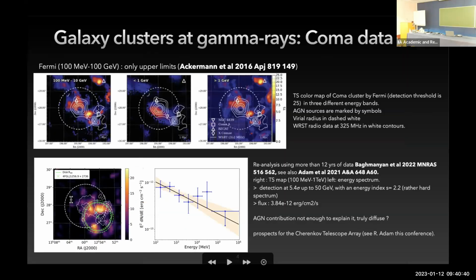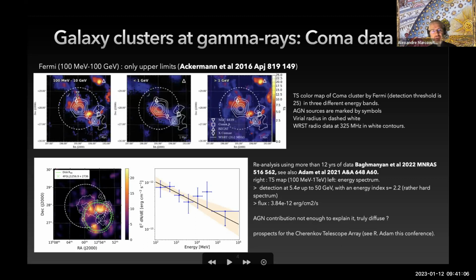As I told you, there have been some detections recently of the Coma cluster by the Fermi telescope. In one of the last papers by Fermi in 2016, there were only upper limits, but we were close to detection, let's say.